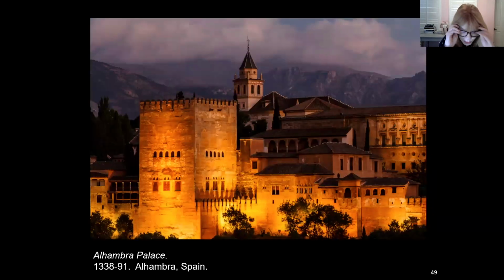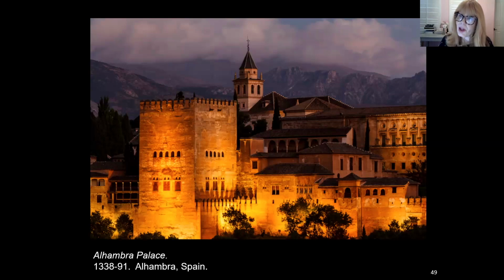Now, the Alhambra Palace is a very famous Moorish palace. The Moors were those who came from the north of Africa, of the Islamic faith, across the Strait of Gibraltar and conquered Spain from 711 to 1492.